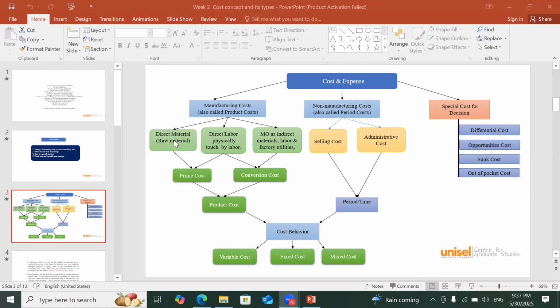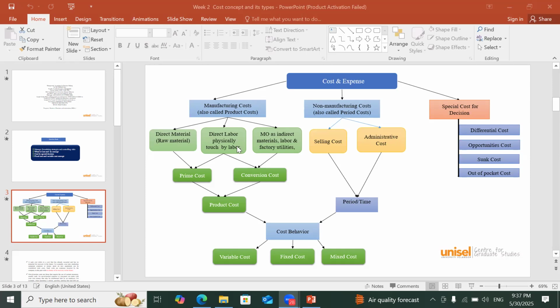Direct materials are those considered the prime element or component of a product. Say for example, you want to make a robot or buses or trucks. The primary raw material, iron, is considered the main element to produce this product.